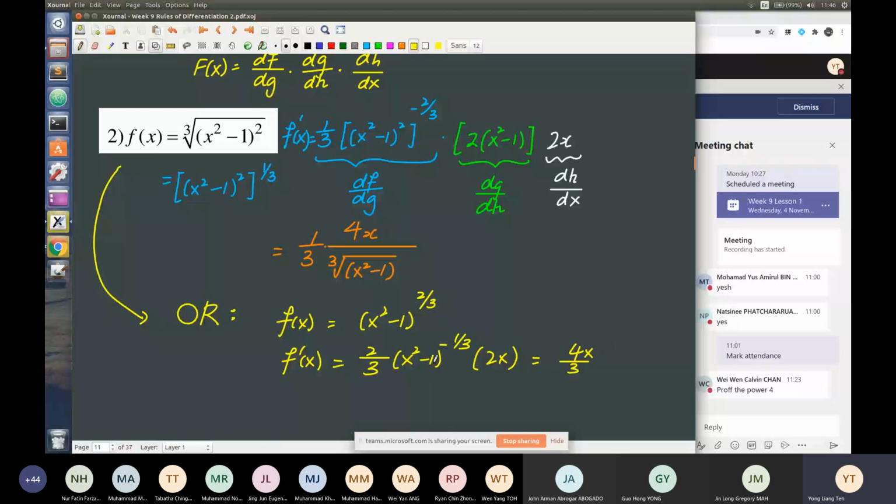Let me just write it as 4x over 3 times the cube root of x squared minus 1. Of course, this guy has got to be exactly the same as this guy, since you are just using the same chain rule, although applied differently, from a different perspective, that's all.